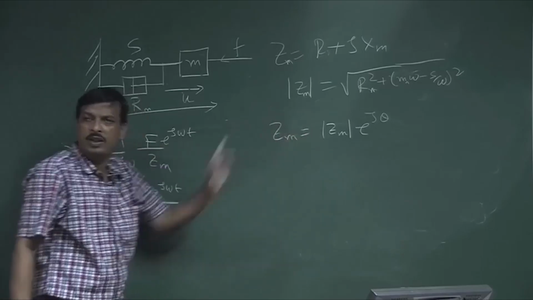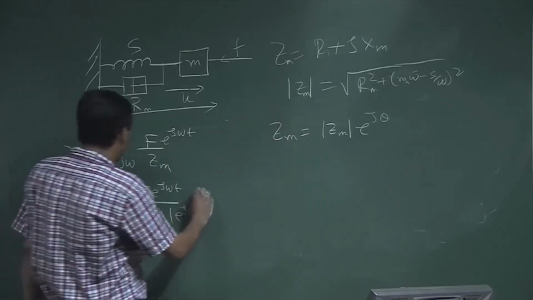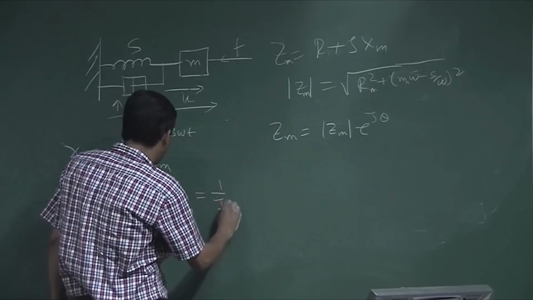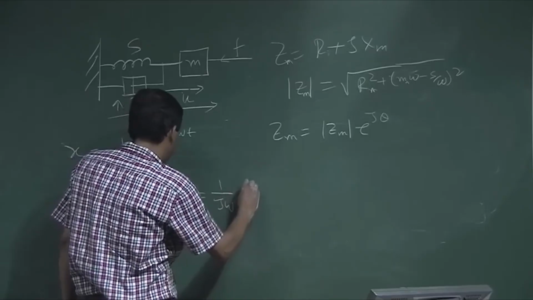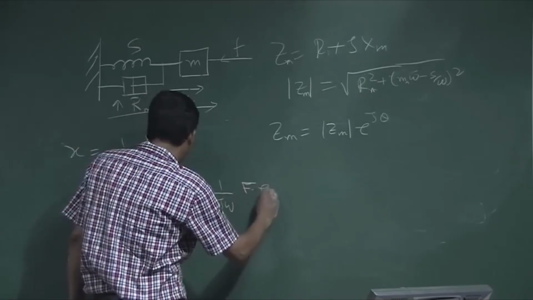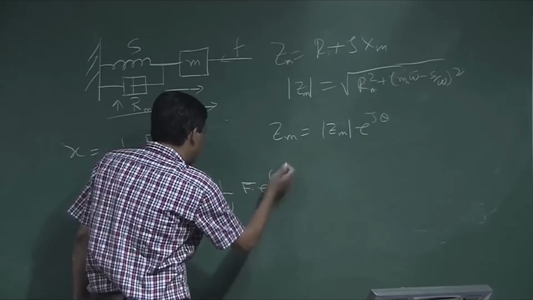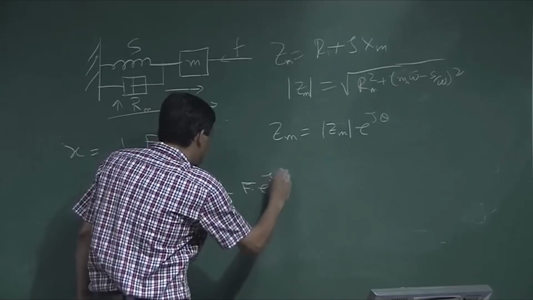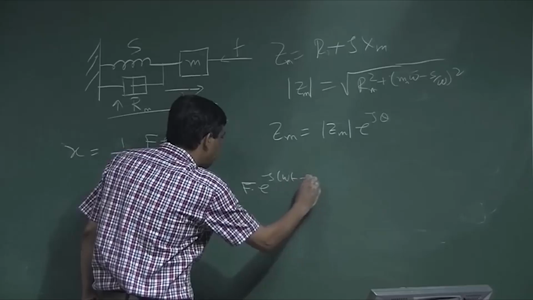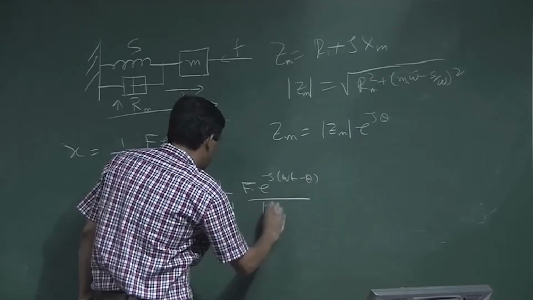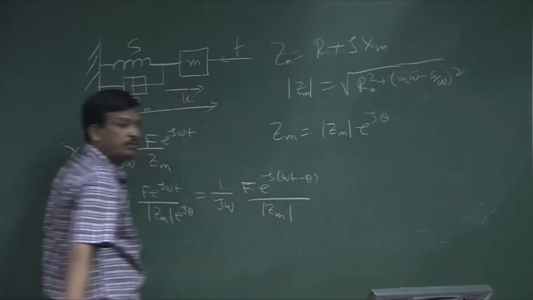So this is nothing but 1 by j omega, f into e to the power j omega t minus theta, divided by mod of Zm.